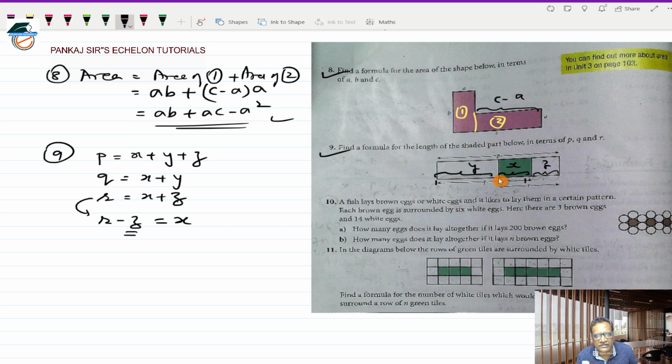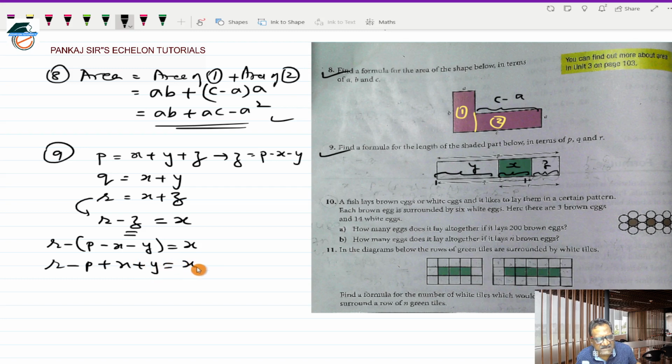Now I want the formula for X in terms of P, Q and R. So for this Z I will write P minus X minus Y. From this, I get Z is equal to P minus X minus Y. So R minus (P minus X minus Y) will be X. This should work out to R minus P plus X plus Y equal to X. Now I want the answer for X in terms of P, Q and R only.